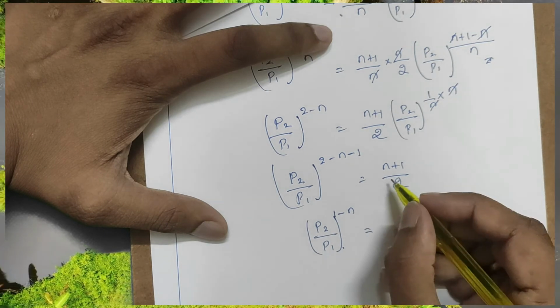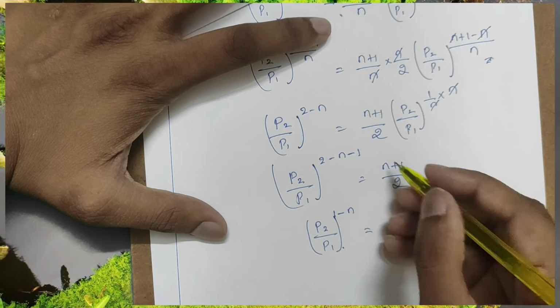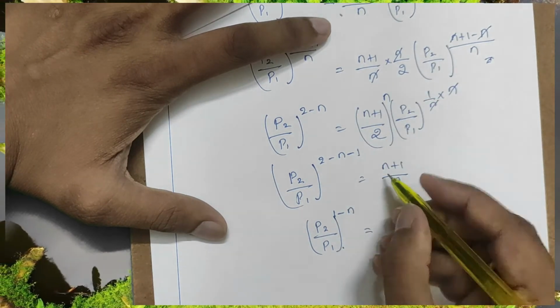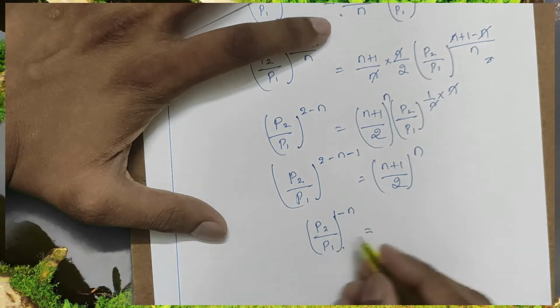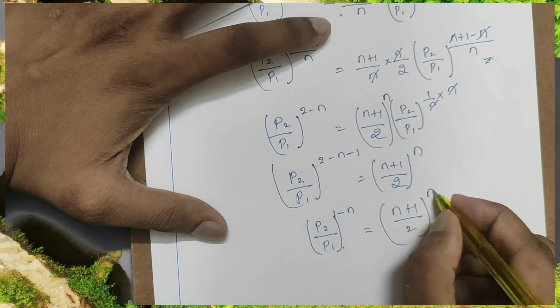You will be having a power n, so this n is also multiplied here, and you'll get (n plus 1) by 2 power n.